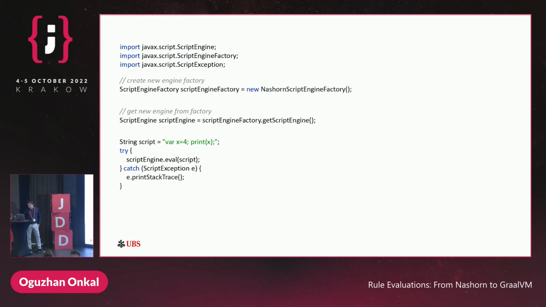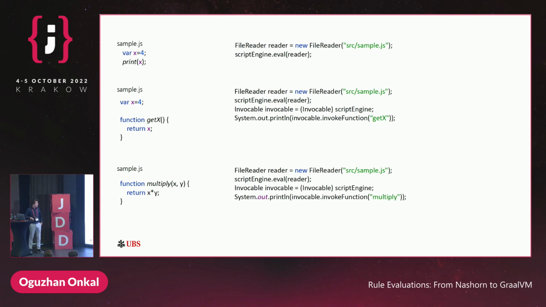So let's look at a couple more examples of what we can do with this. On the left side, I put some simple examples, and on the right side you see the code for it. The same string that we had is now in a sample.js file, and since the script engine accepts a reader argument, we create a file reader and pass it to the script engine.